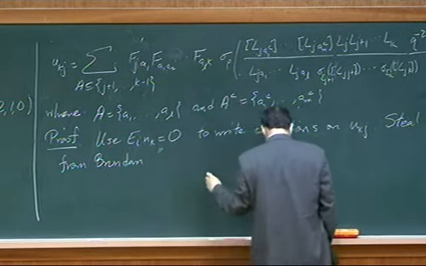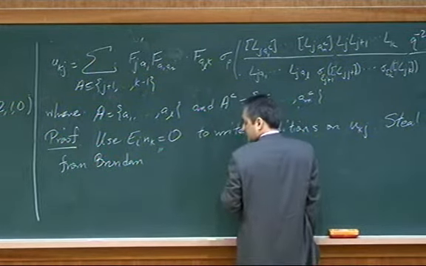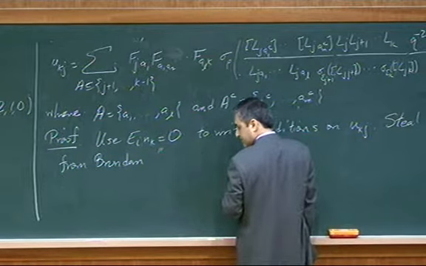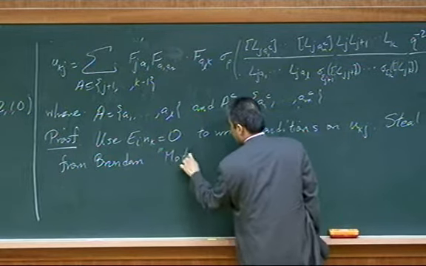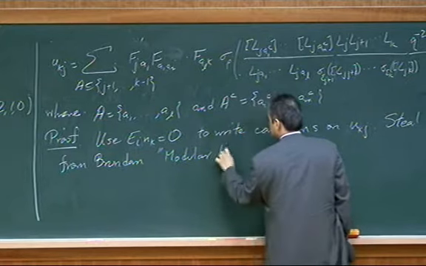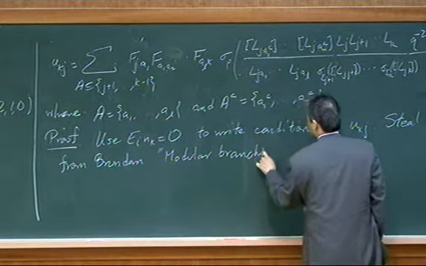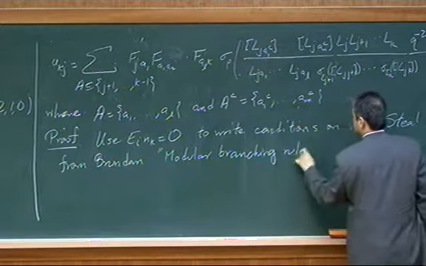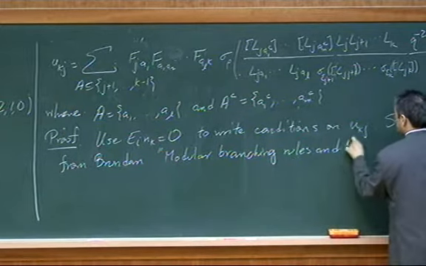So the paper is called Modular Branching Rules and the Molyneux map.